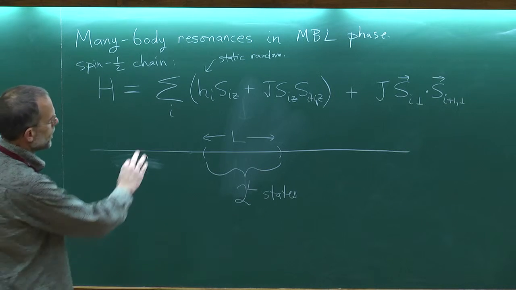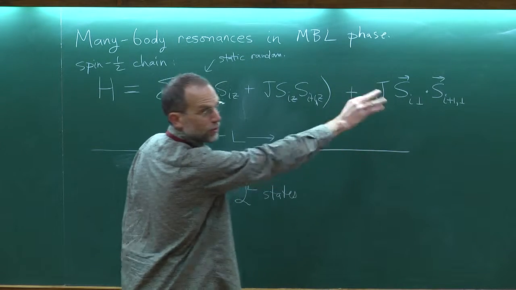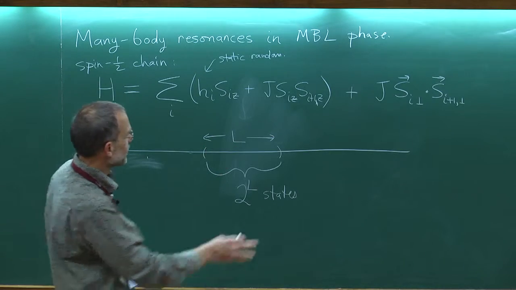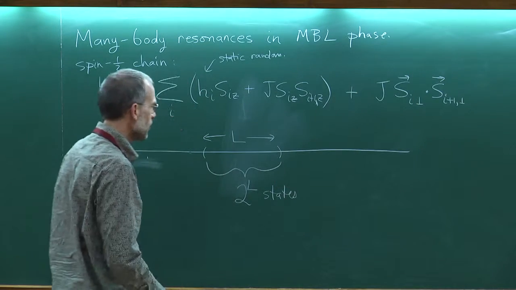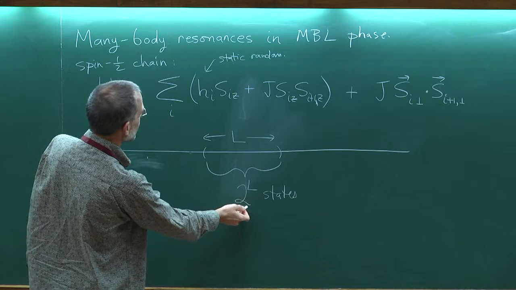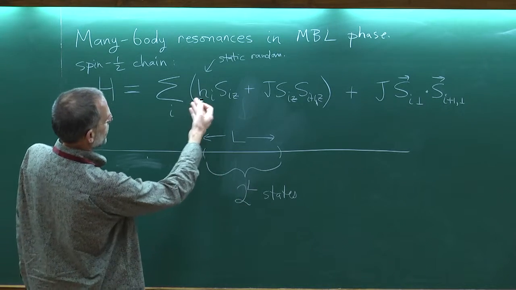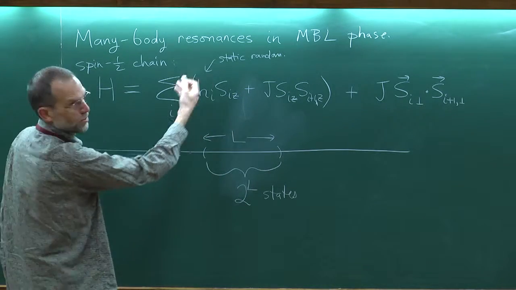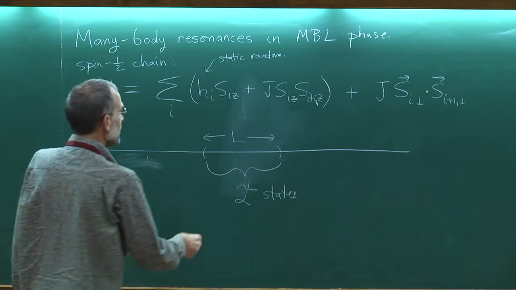Okay. Now, let's talk about it first before we do the perturbation theory. So just set this equal to 0. So we're going to have 2 to the L states, and their energies are the sums of these random terms, right?